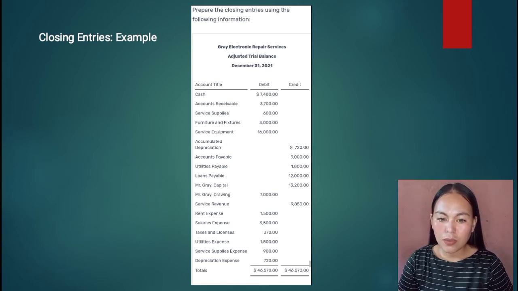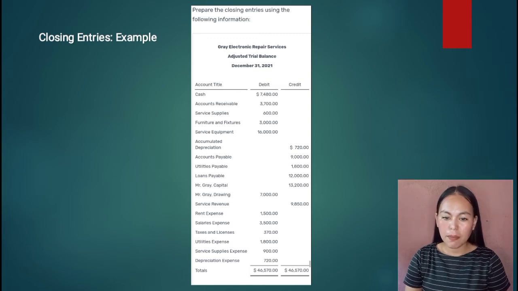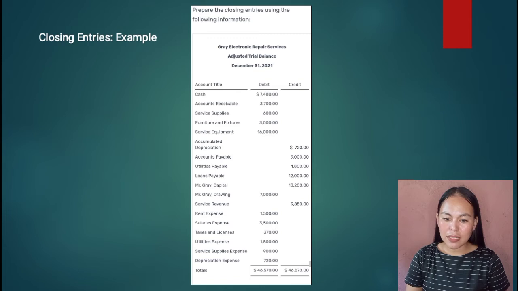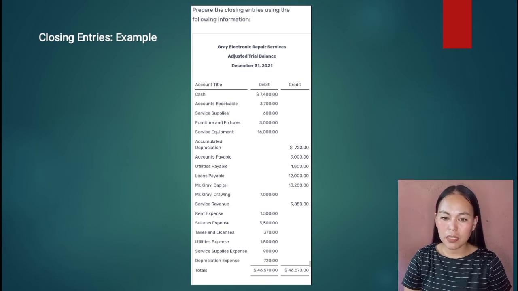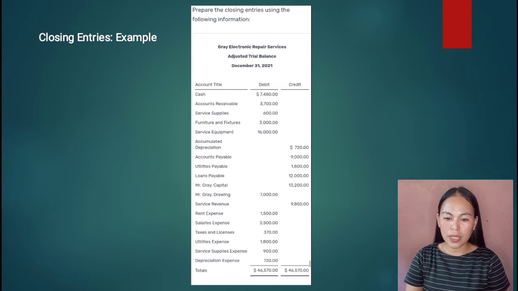The accounts that have been debited are the cash, accounts receivable, service supplies, furniture and fixtures, service equipment, Mr. Gray drawing, rent expense, salaries expense, taxes and licenses, utilities expense, service supplies expense, and depreciation expense. The accounts that have been credited are accumulated depreciation, accounts payable, utilities payable, loans payable, Mr. Gray capital, and service revenue.